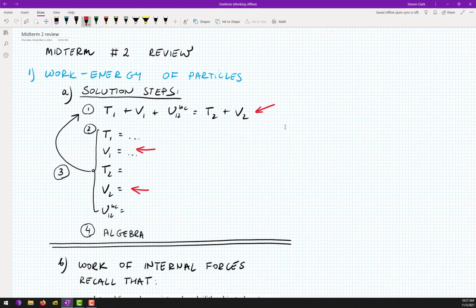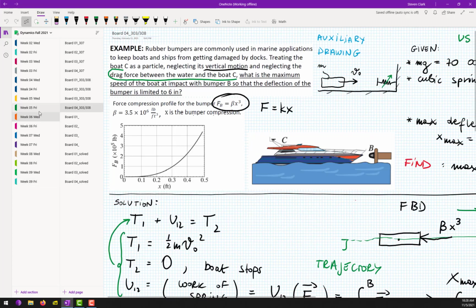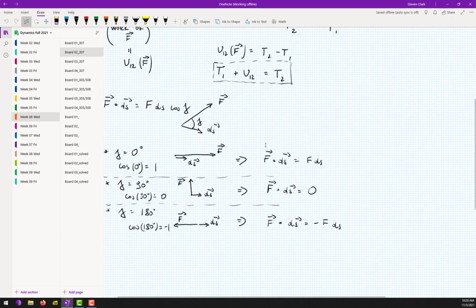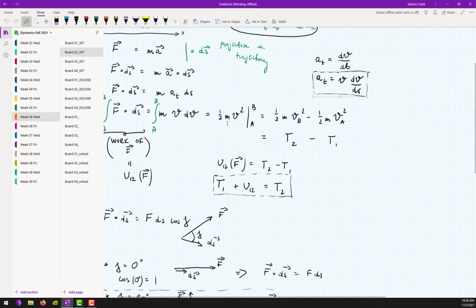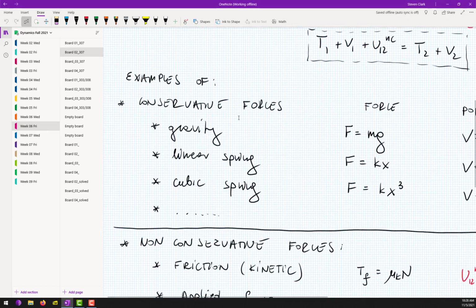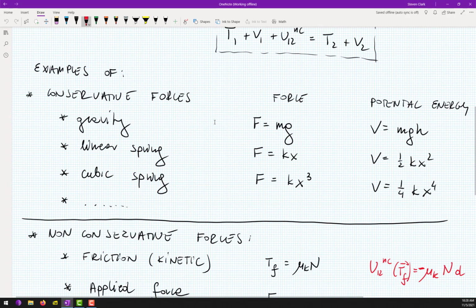Are there any other kind of broad ones that we should be aware of? I think we talked about external force, yes. Yeah, I think we did that somewhere here. We talked about it already. So conservative forces, exactly what you said: gravity, linear spring, and cubic spring.